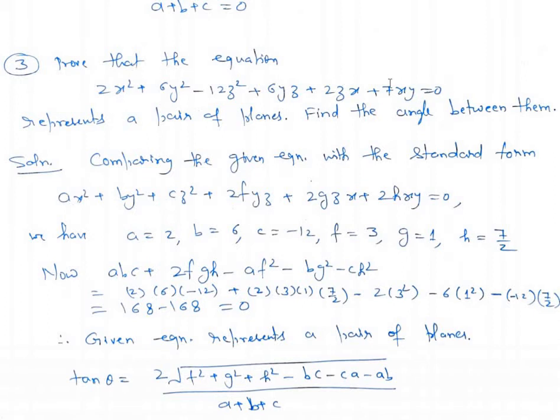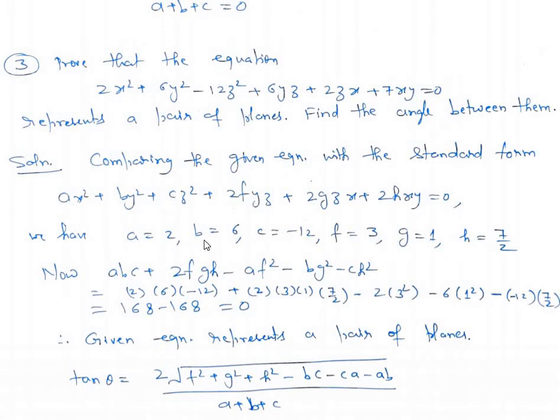First of all, we compare this equation with the standard form of the second degree equation, ax² + by² + cz² + 2fyz + 2gzx + 2hxy = 0. So we have a = 2, b = 6, c = −12, 2f = 6 so f = 3, 2g = 2 so g = 1, 2h = 7, therefore h = 7/2.